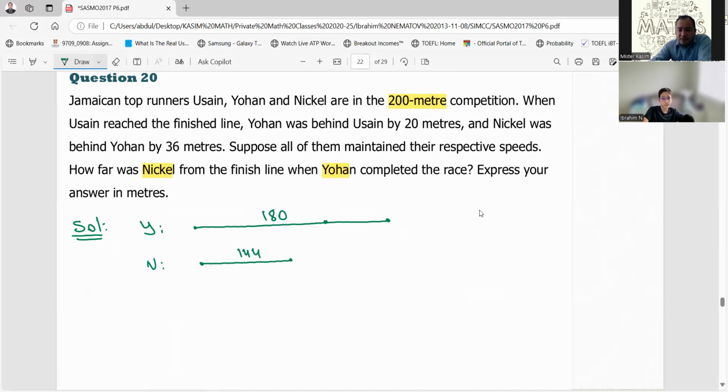right? So then I can write this equation. Look, for Johan, time is equal to distance traveled divided by his speed. I don't know his speed, let's say it is y. And the same time for Nico: the distance traveled is 144 and his speed is, let's say, n, because they spend the same amount of time, right? So these ratios are equal.